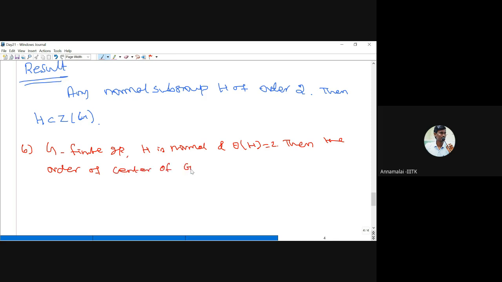By the result, H is a subset of Z of G, but itself is a subgroup, therefore it is a subgroup. Anyway, this is a subgroup of G. So the options are: first option A is 0, B is 1, C is an even number.